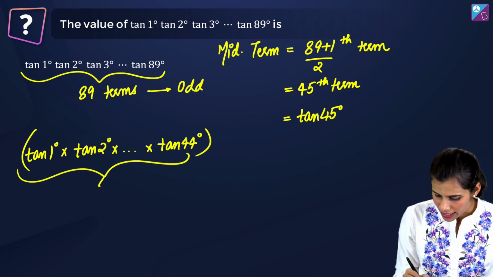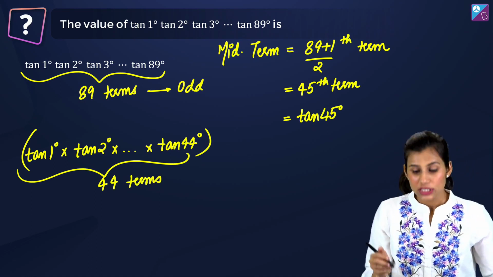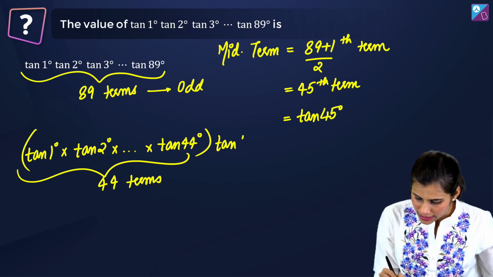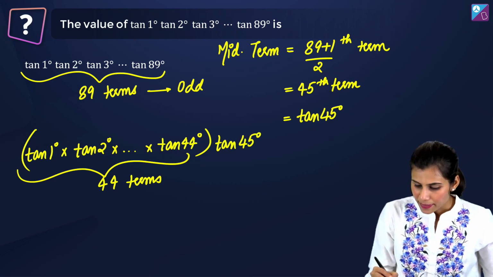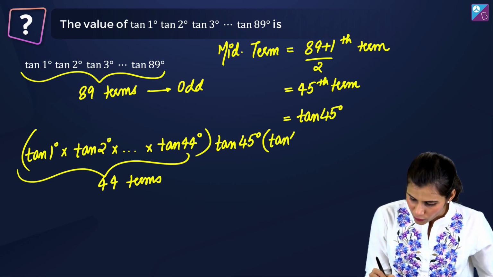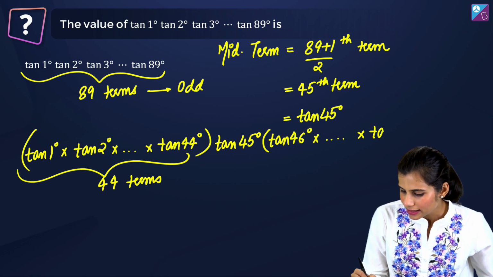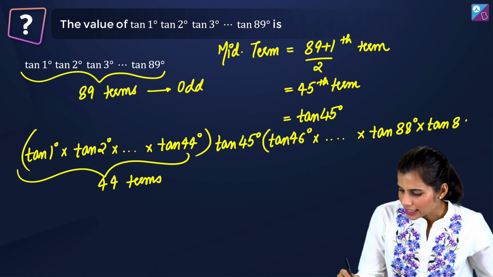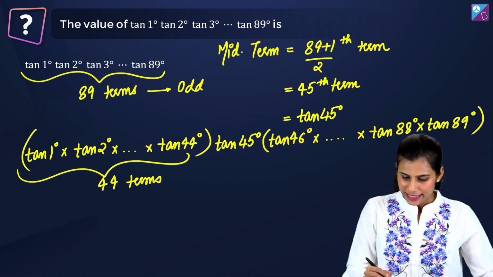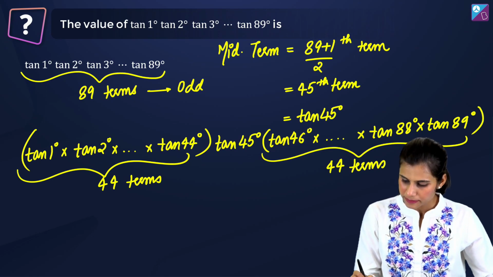So these are my 44 initial terms from the beginning. Then you will have the 45th term which is sitting in the middle, that is tan 45 degrees. And then you have the latter 44 terms. So you have tan 46 degrees into and so on till tan 88 degrees and then tan 89 degrees. These are again 44 terms.